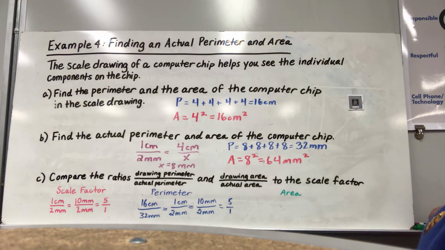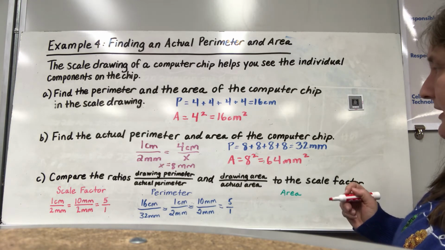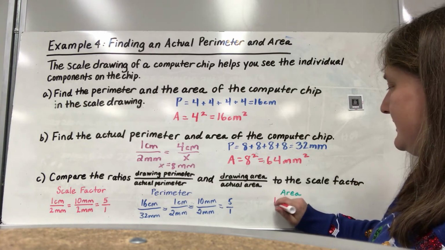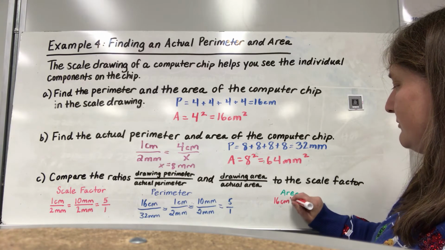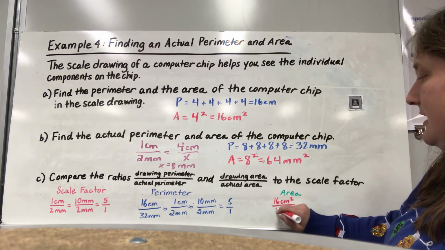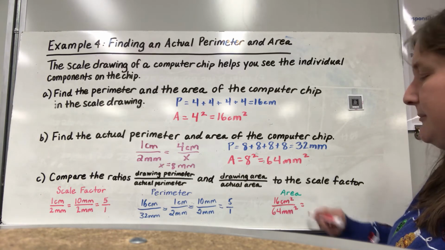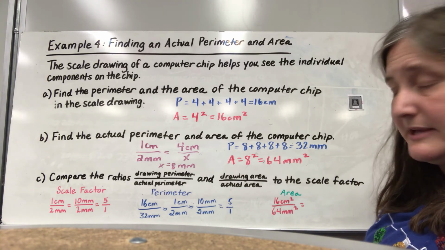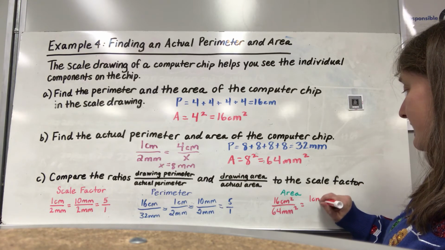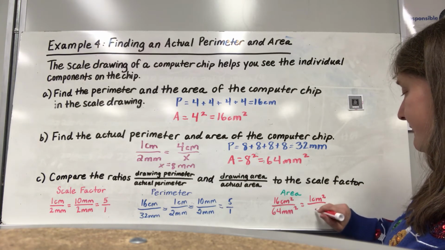Now let's take a look at area. For our area, we had on our chip an area of 16 centimeters squared, and that was on the drawing, sorry, and in actuality 64 millimeters squared. Well, once again, I'm going to make this easy on myself, and I'm going to divide these by 16 and reduce them a little bit before I go any further.